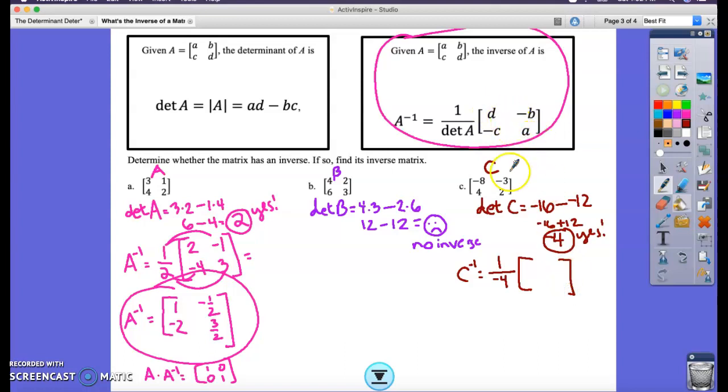First diagonal changes position. So 2 goes there, negative 8 goes there. Second diagonal, this becomes 3, and this becomes negative 4.